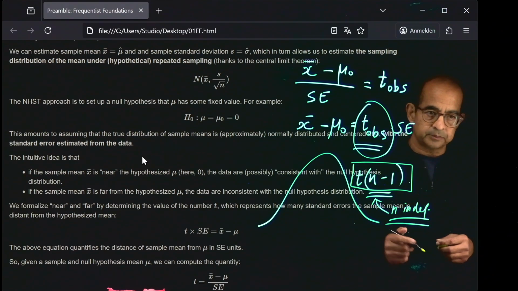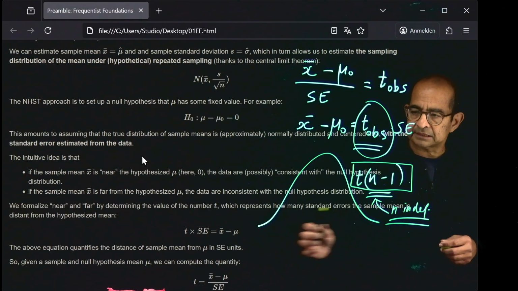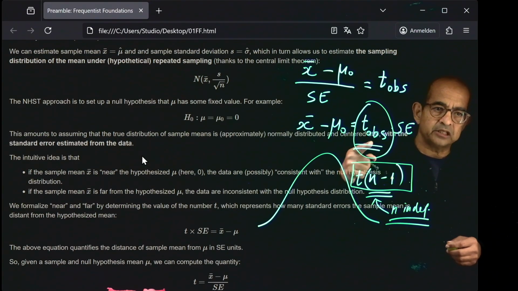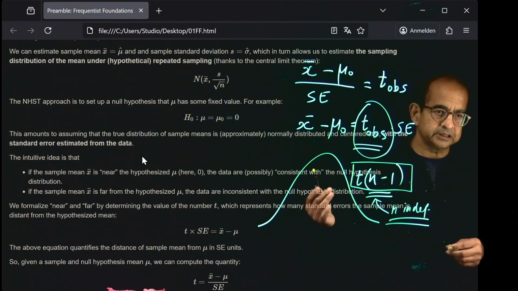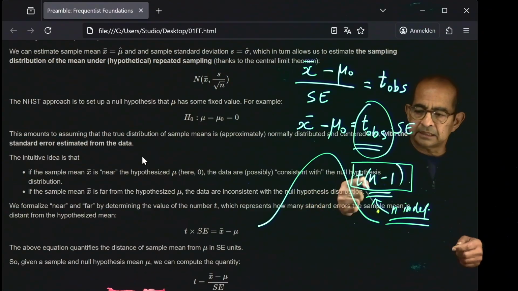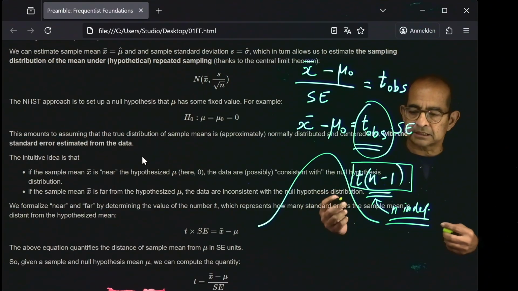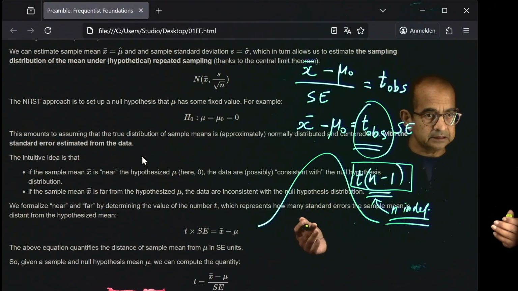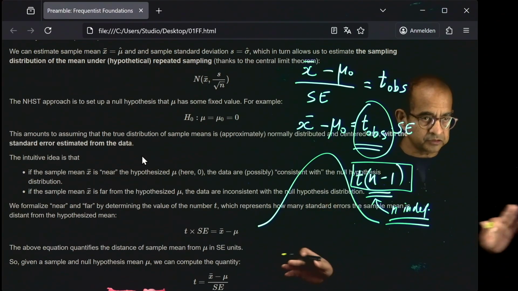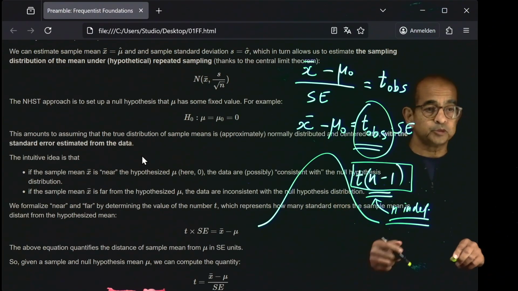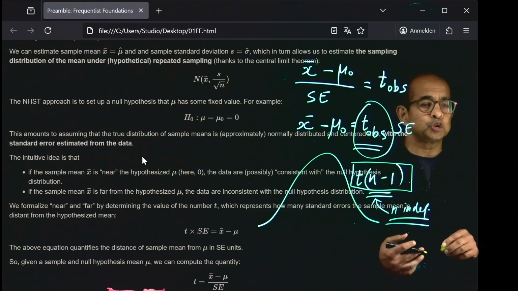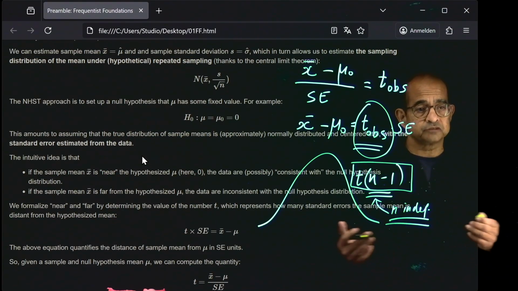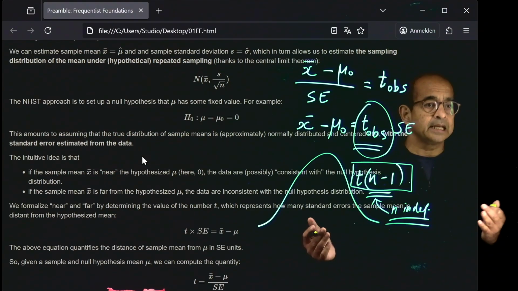So this t-distribution actually represents the distribution of these observed t-values under hypothetical repeated sampling. And this t-distribution can be described mathematically. I'm not going to write down the formula, but this t-distribution looks very similar to the standard normal distribution with mean 0 and standard deviation 1, as I will just show you.